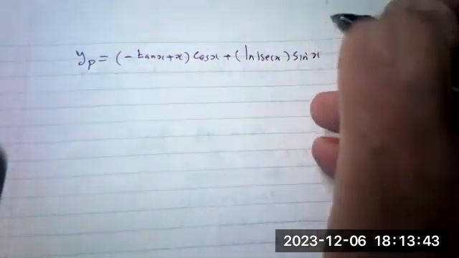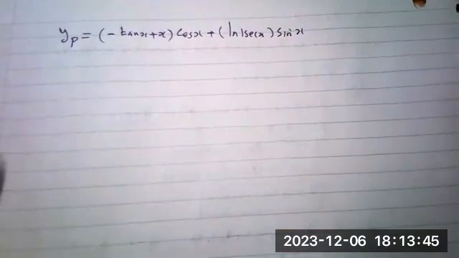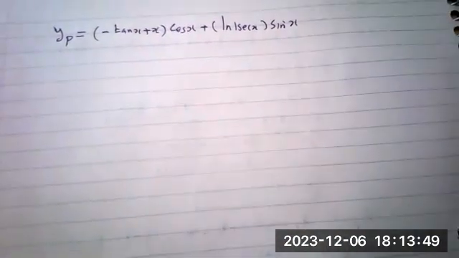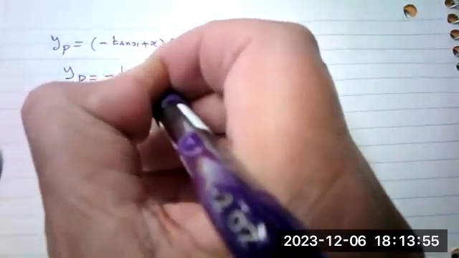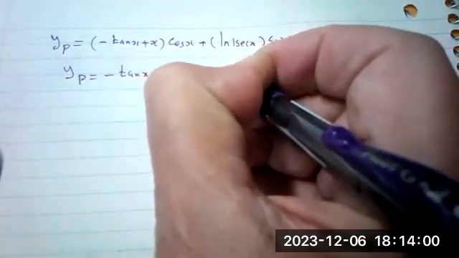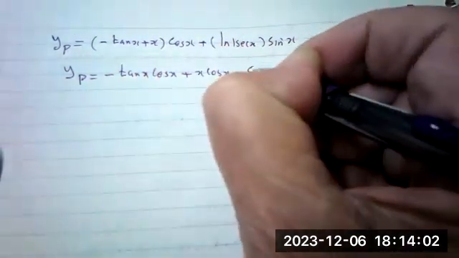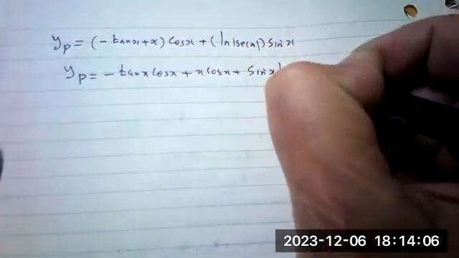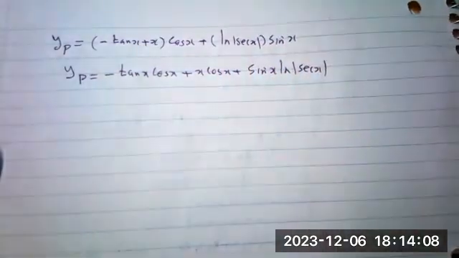There is a possibility for simplification a little bit, because this is a tangent and the cosine can be simplified. So yp is equal to, you multiply negative tan x times cosine x plus x cosine x, and this would be as is, sine x ln of the absolute value of secant x.